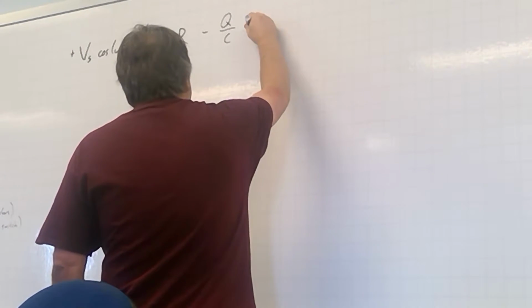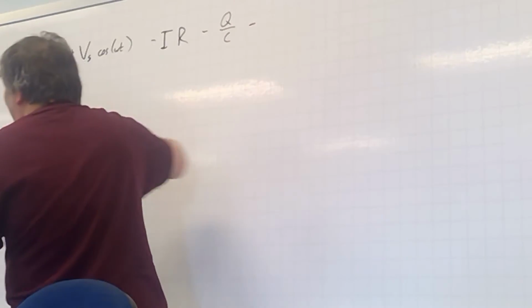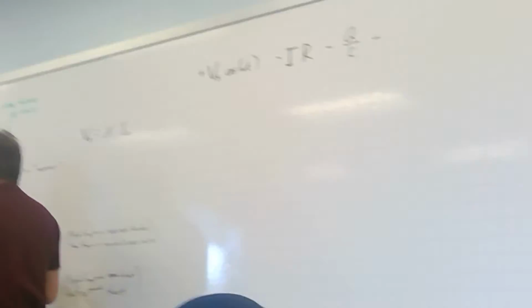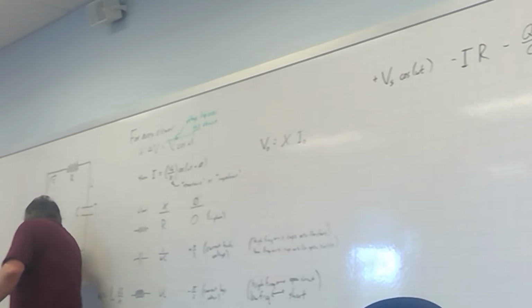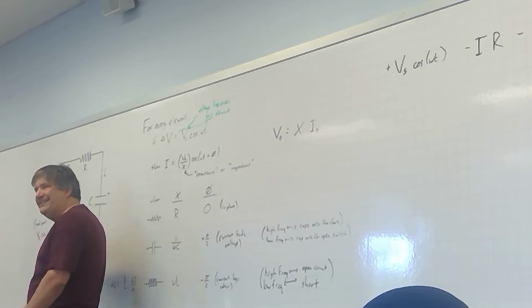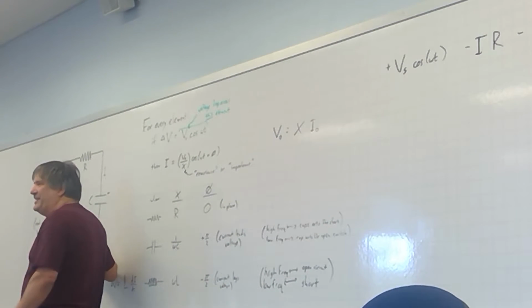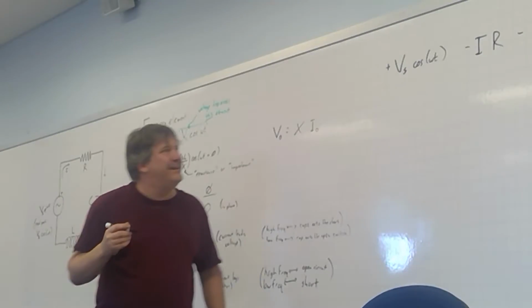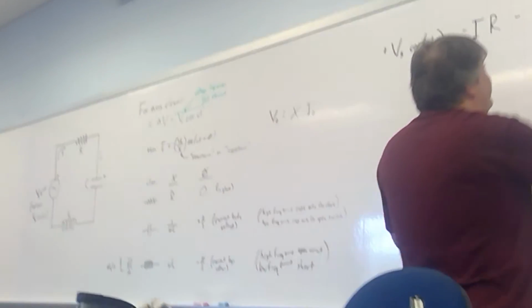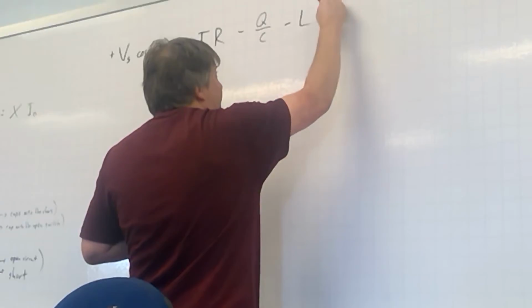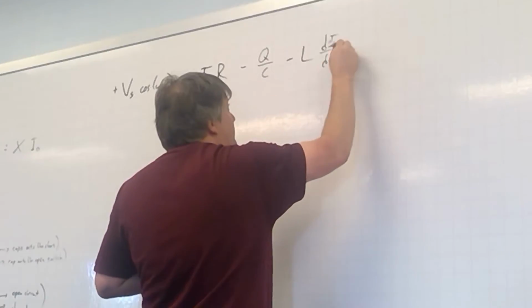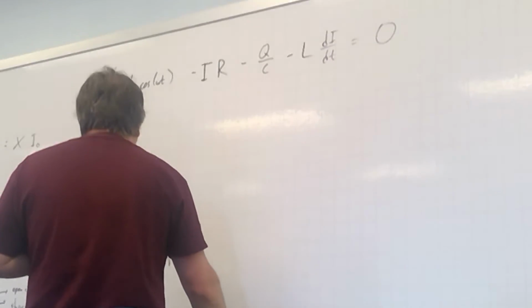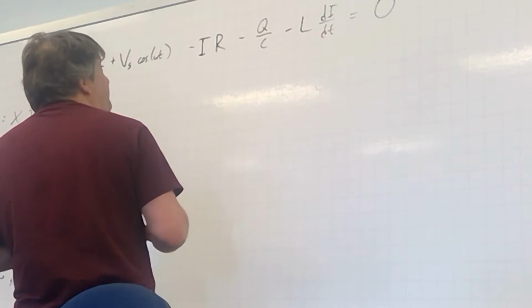And finally, as I pass the inductor, if I is increasing in that positive direction, then I am going to need to apply a forward voltage drop across the inductor to drive the current to increase, or to push that increase of current through the inductor. So I'm going to get minus L di dt. And finally I got back where I started, so all those voltage drops add up to 0. So there's my differential equation.